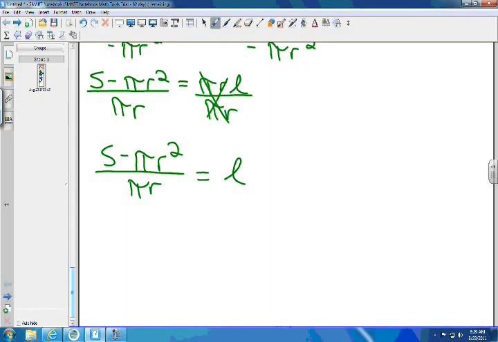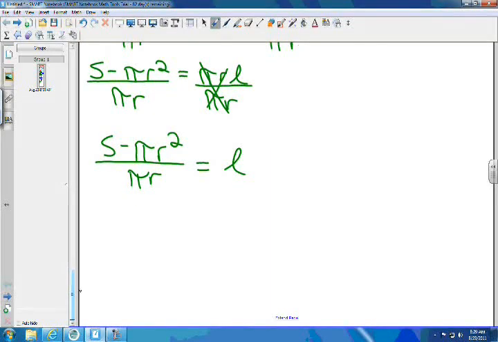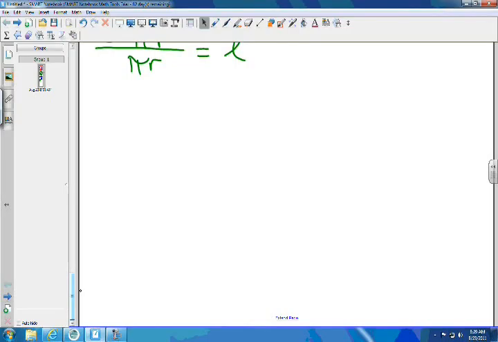Let's do one more of those. This is the area of a trapezoid, which we saw last time.